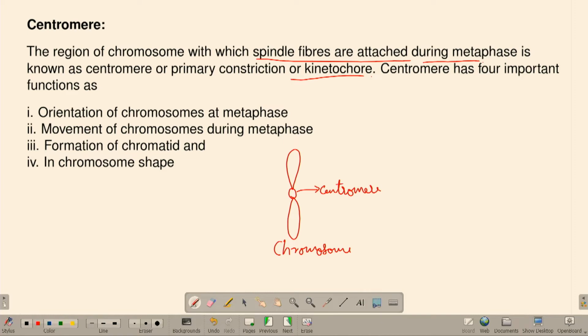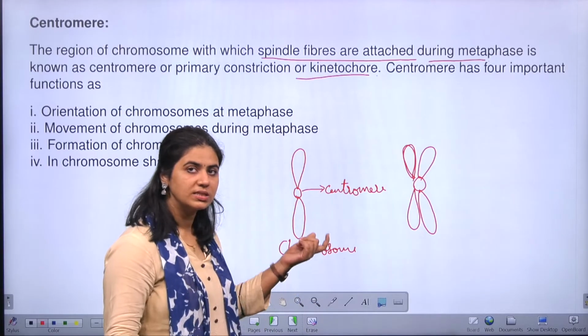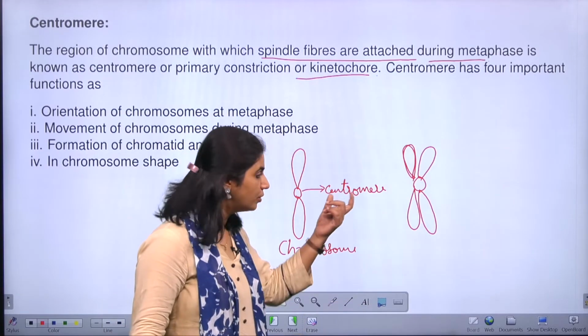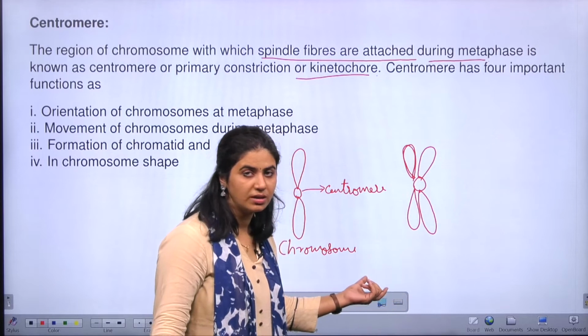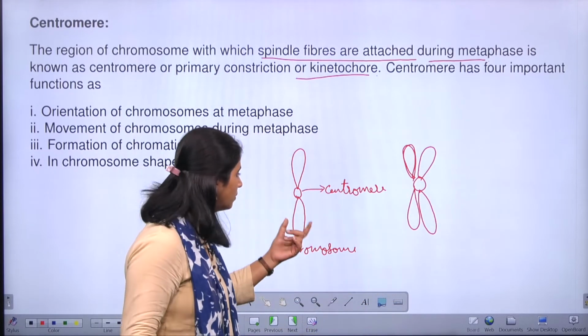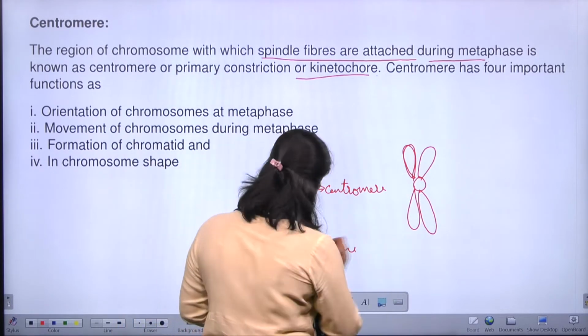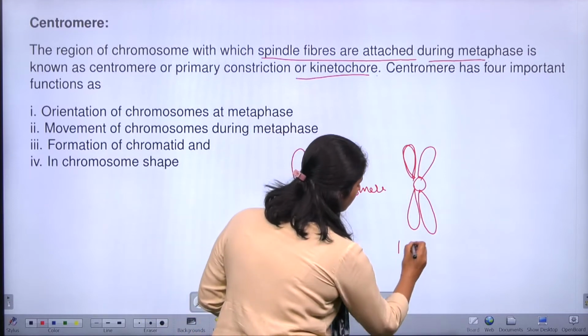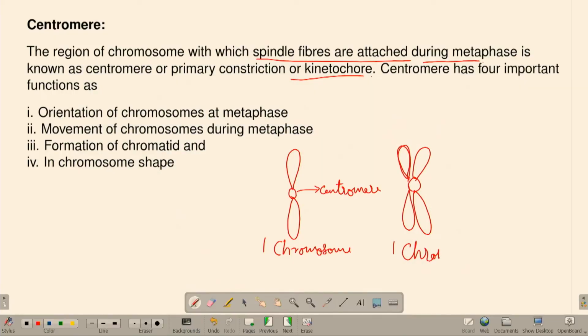Now if I draw like this, is this a chromosome, or do we have two chromosomes here? No, this is a single chromosome. This is also one chromosome with two sister chromatids.